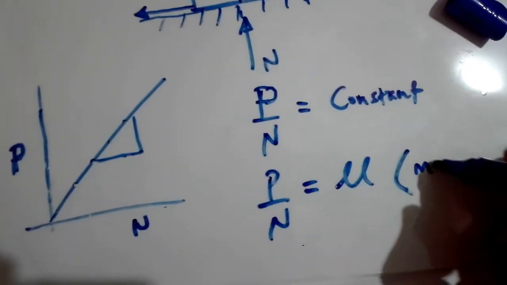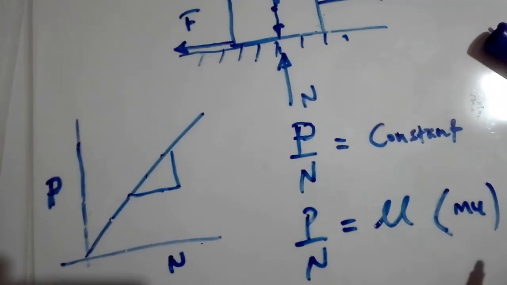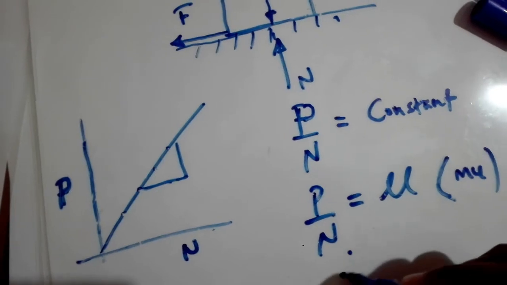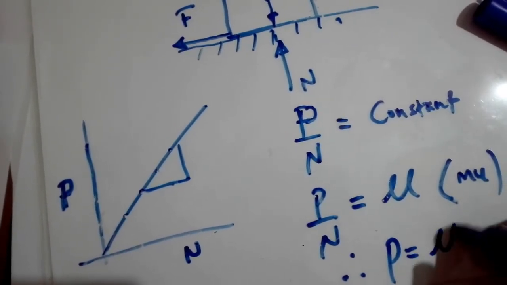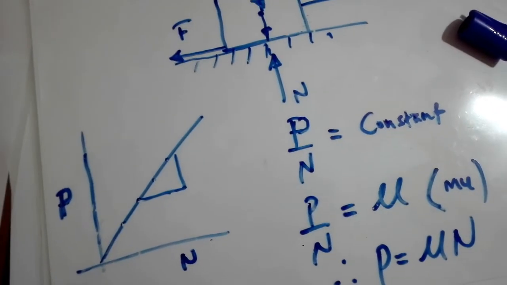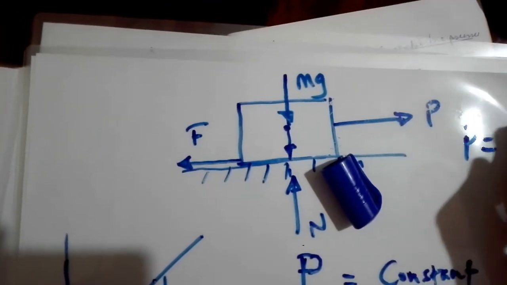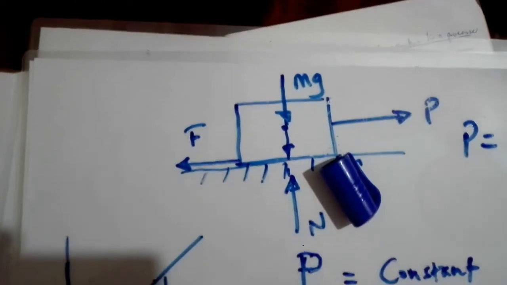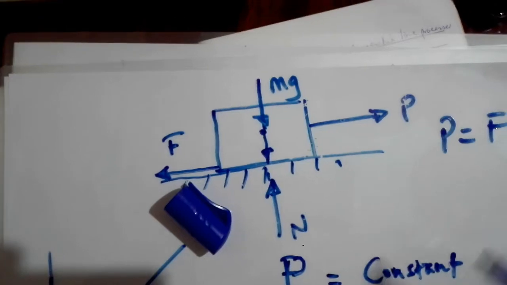Mu, from the Greek alphabet. Therefore, P is equal to mu N. But we know that P is equal to F because it's an equal and opposite reaction.